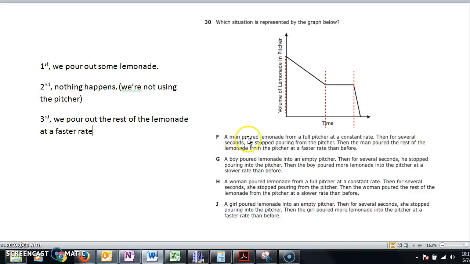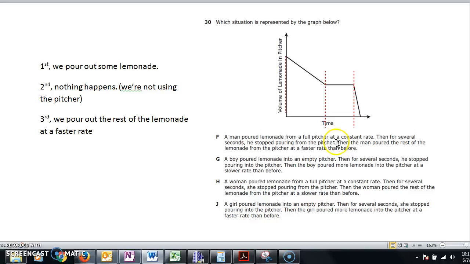F. A man poured lemonade from a full pitcher at a constant rate. Okay, so he's pouring out lemonade, and at a constant rate just means that he's pouring the same amount out at the same time. So that matches what happens first. Then for several seconds, he stopped pouring from the pitcher. And that's what we said was going to happen. We said that from here to here, the lemonade stays the same because it's not being poured out or added in.